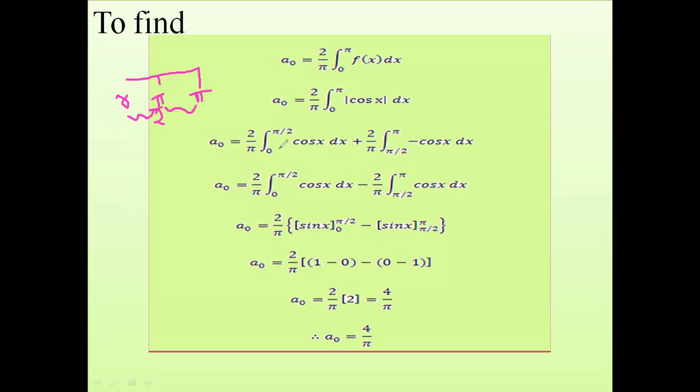You have to split the interval into two parts, because of the mod: one part is positive, another is negative. 0 to pi by 2 will be positive. From pi by 2 to pi the cos value, that is f of x, will become negative.